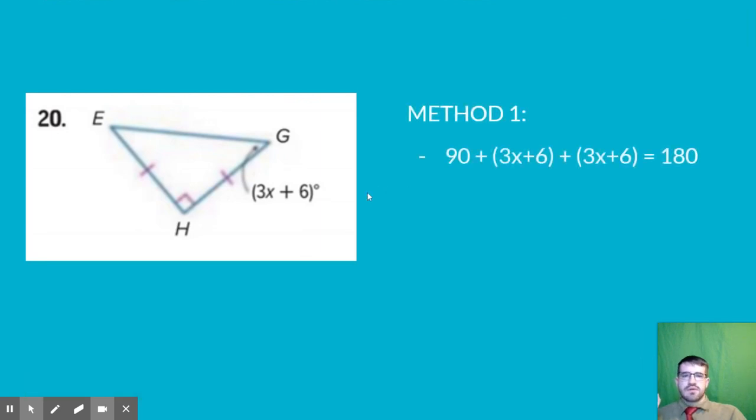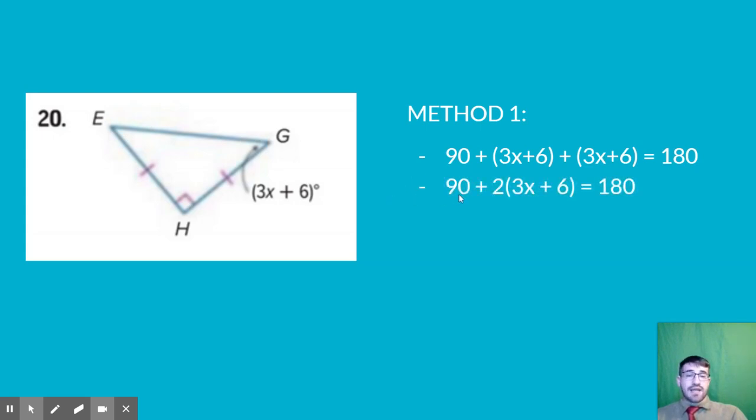Method one, we take our 90-degree angle here at H, and since we know that the measure of angle E plus the measure of angle G plus the measure of angle H is going to give us 180 degrees, because the internal sum of the angles of a triangle is 180 degrees, we take 90 plus 3x plus 6 for angle G plus 3x plus 6, since E and G are congruent, equals 180.